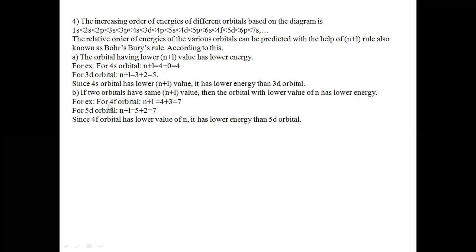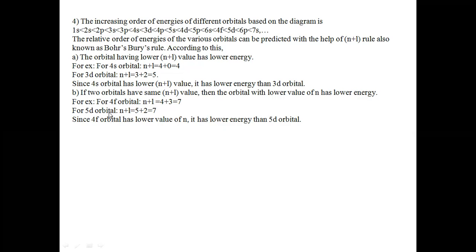For example, for 4f orbital, we know that principal quantum number n is equal to 4 and azimuthal quantum number L will be 3. So 4 plus 3 will be equal to 7. So for 4f orbital, the n plus L value will be 7.